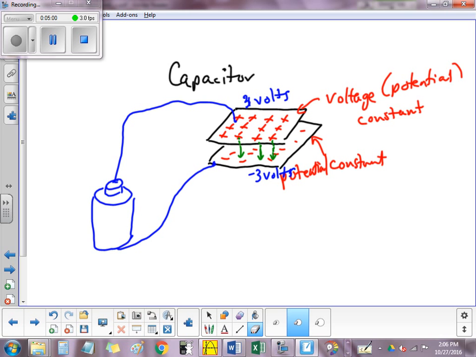Now, technically, this is an open circuit, though. There is no circuit here. You guys understand that a circuit is only closed when they have physical contact. So technically, right now, in theory, this battery should keep the two plates charged forever. Now, if you push the plates together, that's called shorting the battery.